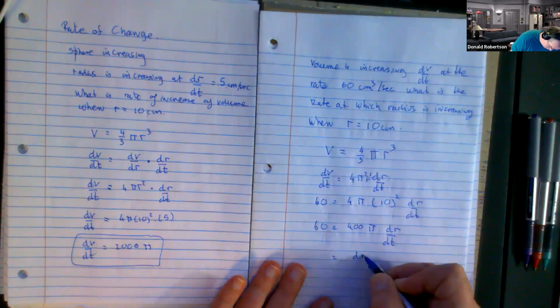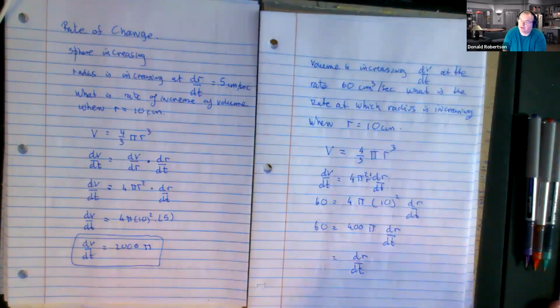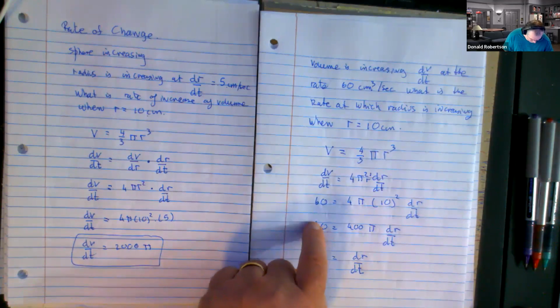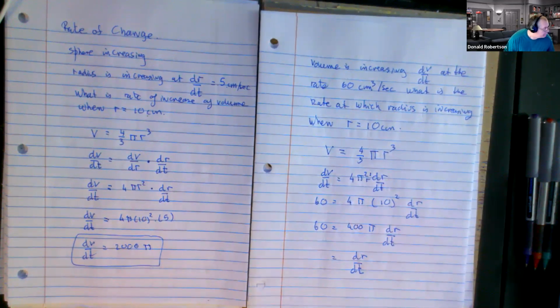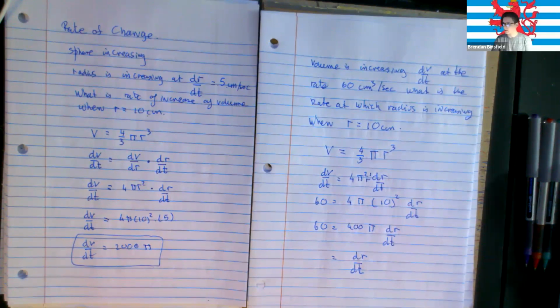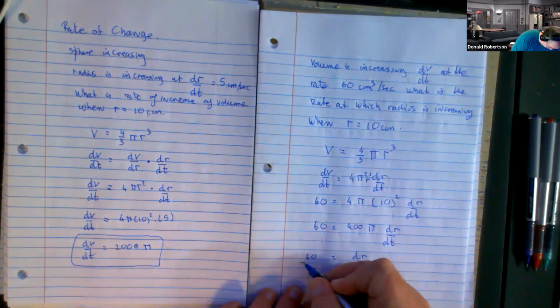So what do I do to both sides to find the rate of change of radius this time? How do I go from here to here? Divide by the 400 pi. And it's okay that that's a weird answer, which it is.